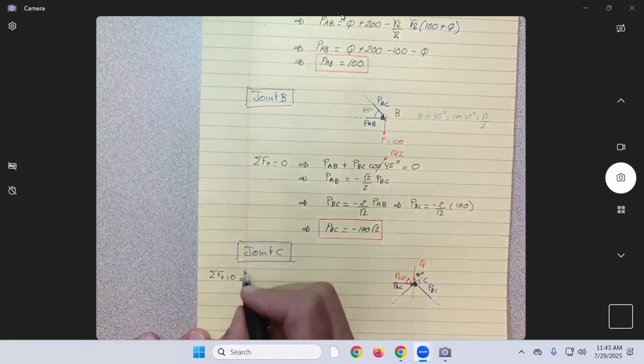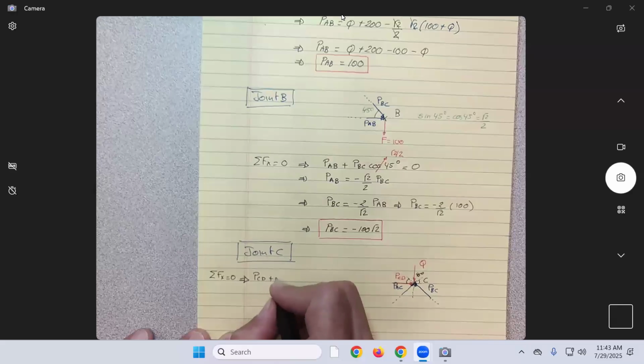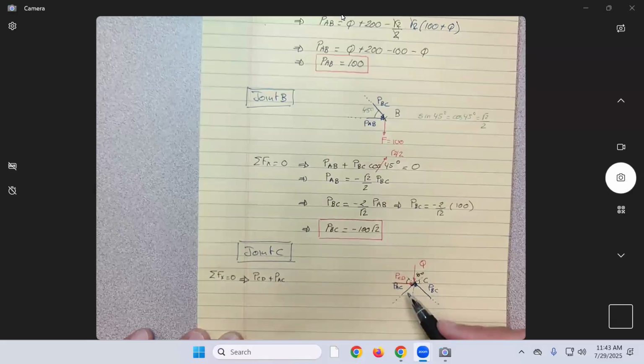This will give us PCD plus, so remember PAC is this one over here. All right. Come on, the axial force. So it will be PAC.